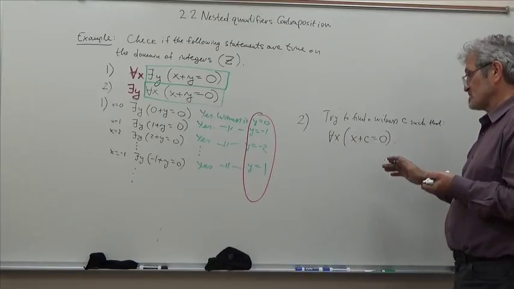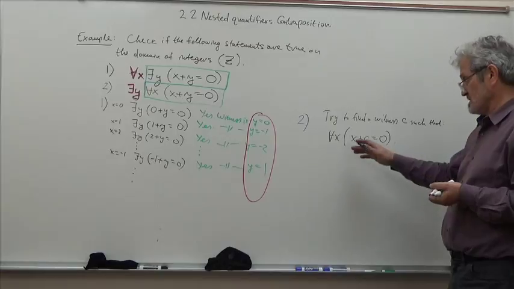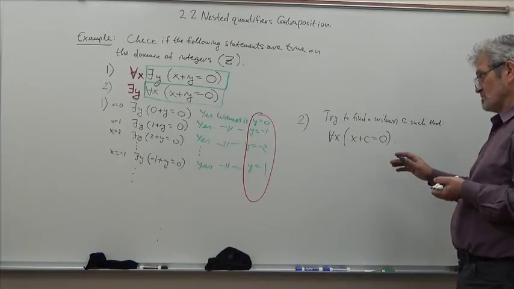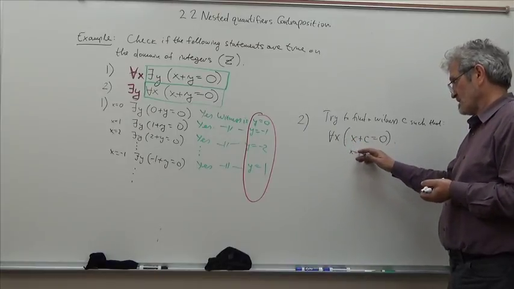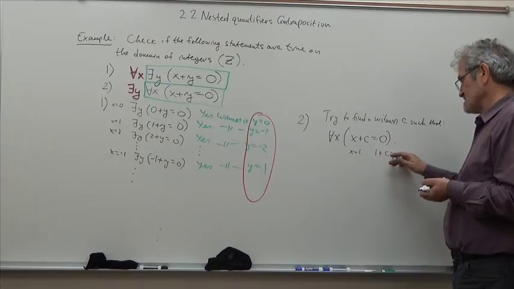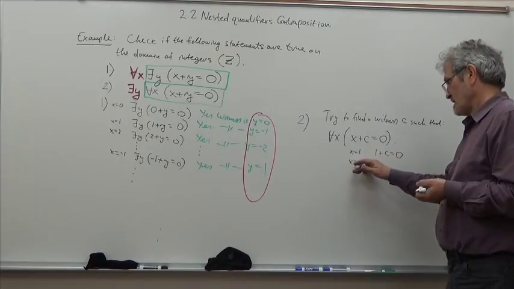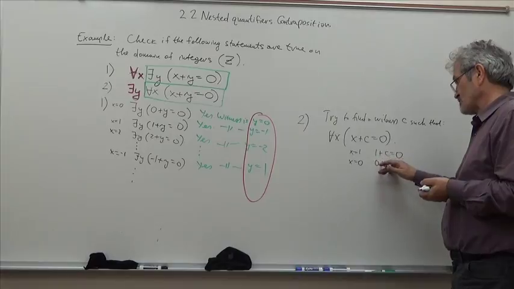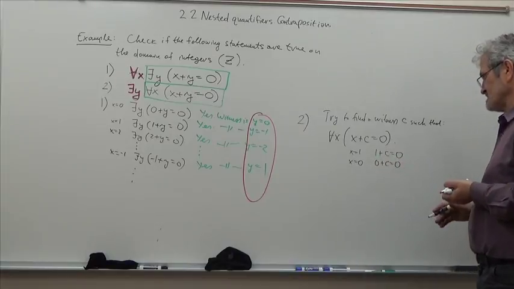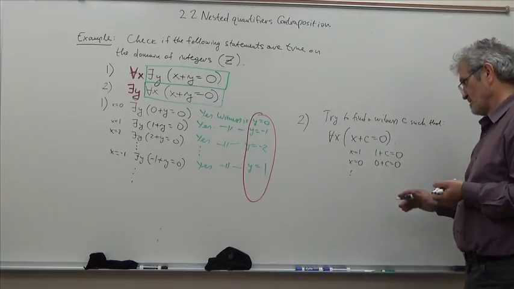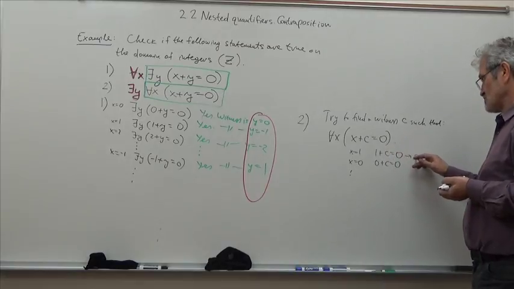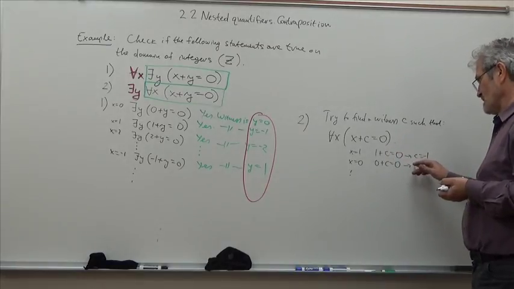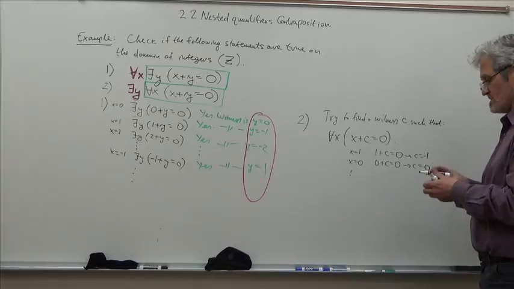So whatever I choose for c, if there is such a c, here's what that c has to do. When x equals 1, I need to have that 1 plus c is 0. When x is 0, I need to have for the same c that 0 plus c is 0, and so on. And that c should at the same time be -1 and at the same time be 0.